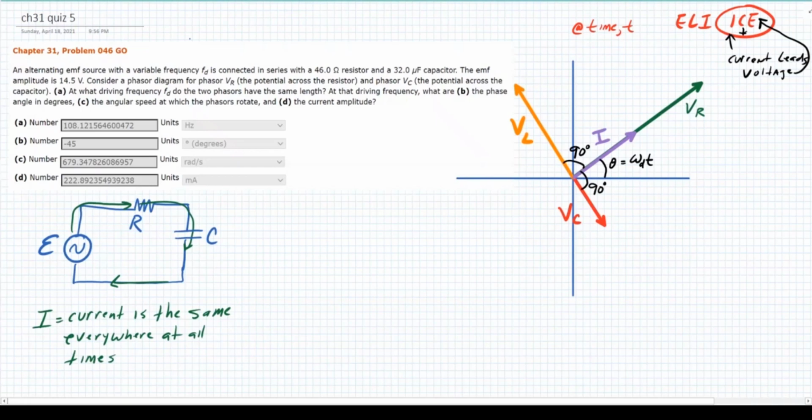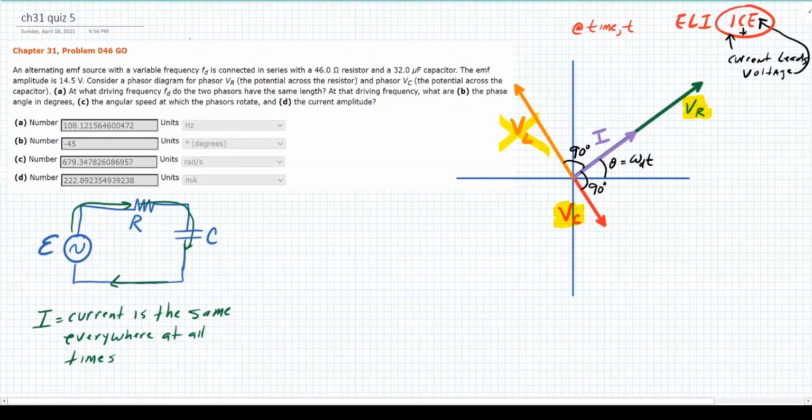Consider a phasor diagram for the phasor VR. So I have a visual for VR, and here's VC. This doesn't exist, but it's there just for a healthy high fiber diet. I'm crossing it out though. Consider those two phasors.